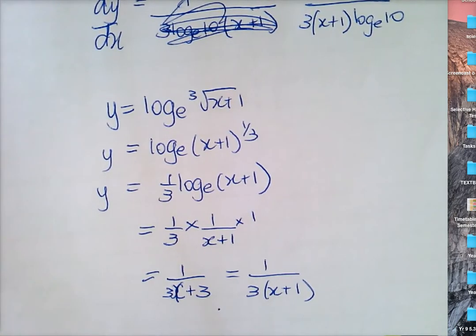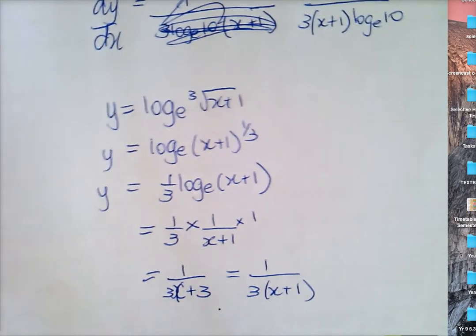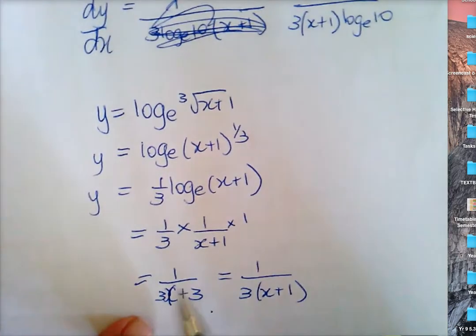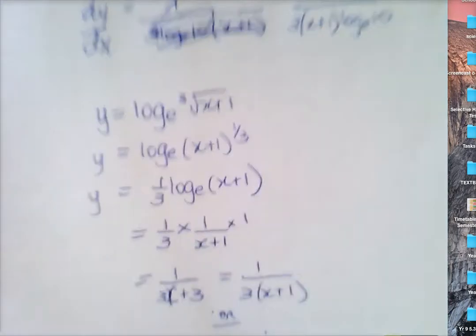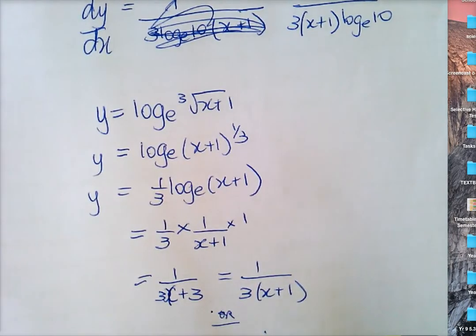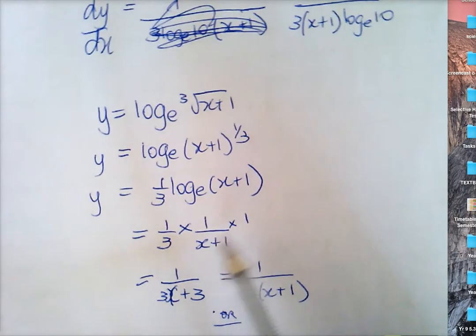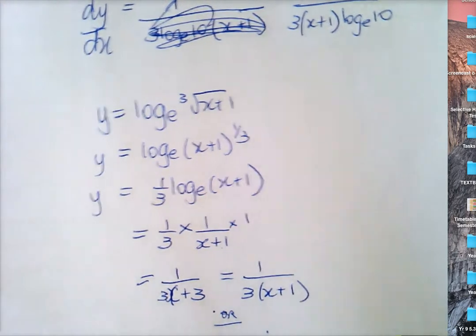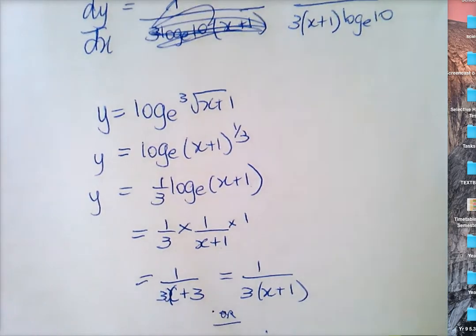If it says log, it's log to the base 10. 3x plus 3, or you could have written it as 3 bracket x plus 1, because it's 1 over function of x times differentiate the function. Do you remember? Differentiate the function.